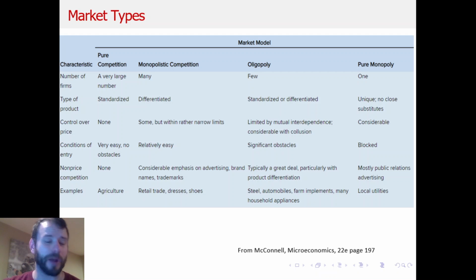Also, because Comcast is such an ingrained part of my city, it's located here, and it's a huge firm. They probably have some pull in the local politics, making it difficult for FiOS to have great market conditions. So conditions of entry for FiOS are pretty limited.